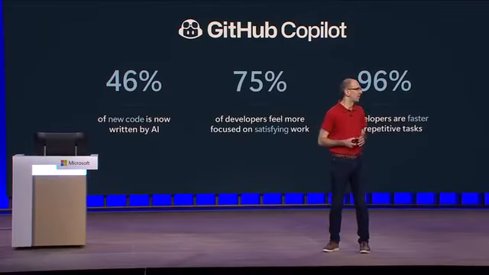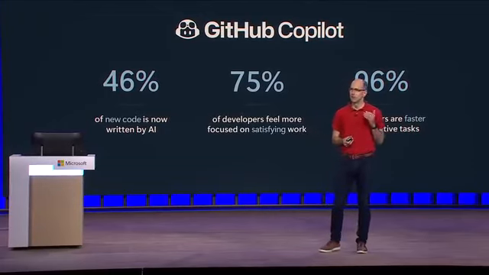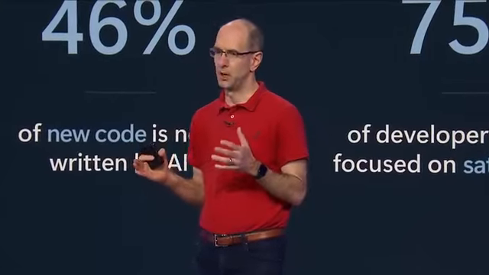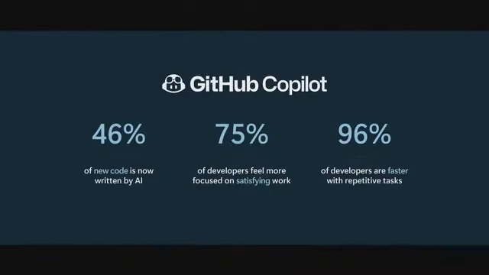Thanks, Thomas. We're really excited to see what everyone here is able to do with GitHub Copilot. As you just saw, Copilot dramatically accelerates developer productivity. In fact, 46% of all lines of code written by developers that are using GitHub Copilot are now fully AI generated. 75% of developers using Copilot feel that they can now focus on more satisfying work.